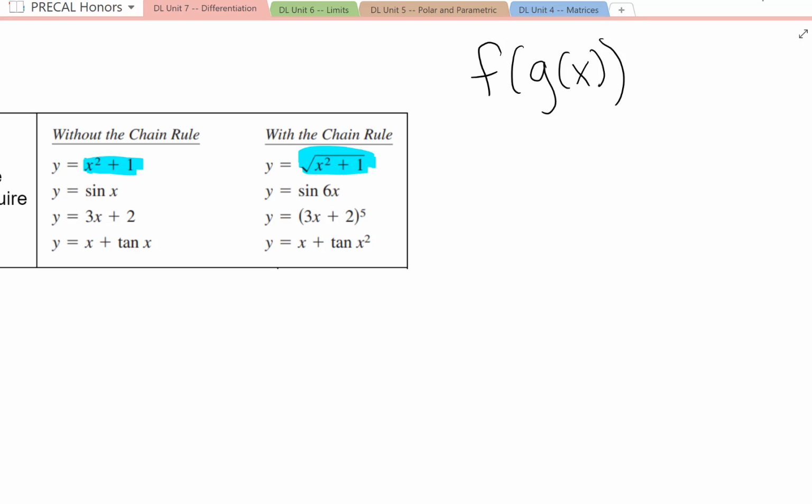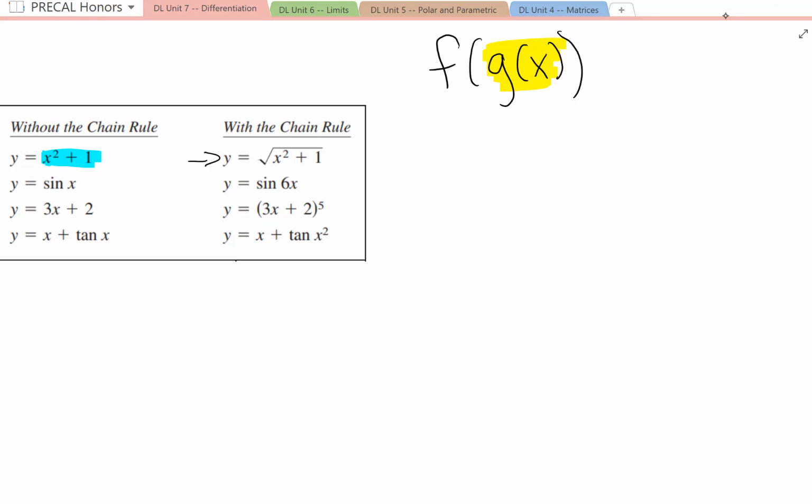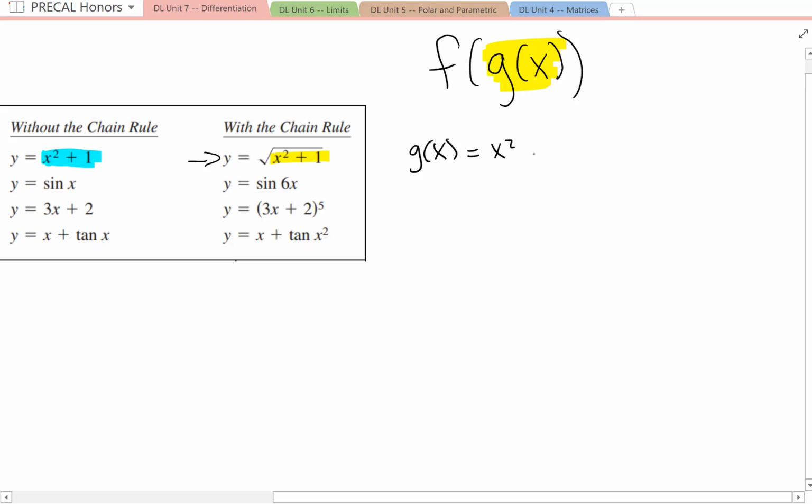So if y right here requires the chain rule and we're writing it as f of g of x, g of x is the function inside, which makes g of x this little polynomial inside. So in this case, g of x, the inside function, is x squared plus 1.